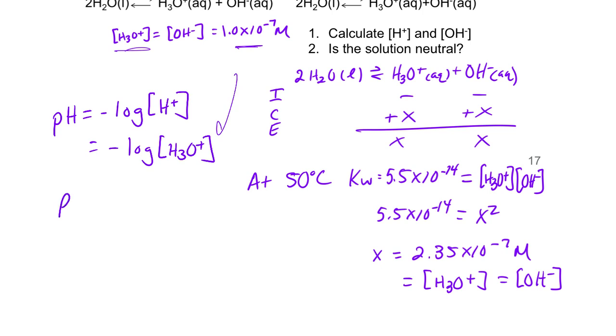So at 25 degrees Celsius, pH is minus the log of 1.0 times 10 to the minus 7, which is equal to 7.